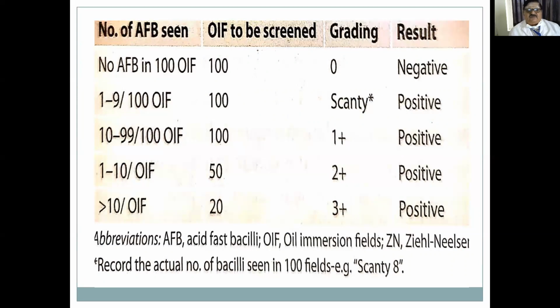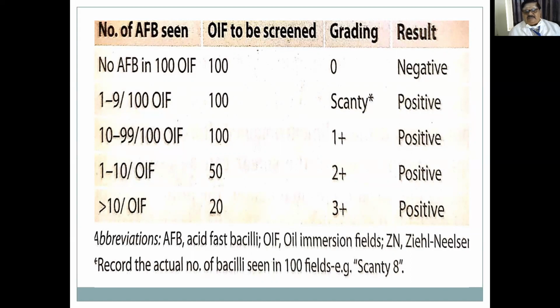Now grading: the number of acid-fast bacilli in 100 oil immersion fields. Grading is 0 if you don't see any in 100 oil immersion fields. For 1 to 9 bacilli in 100 fields, it is positive but scanty.